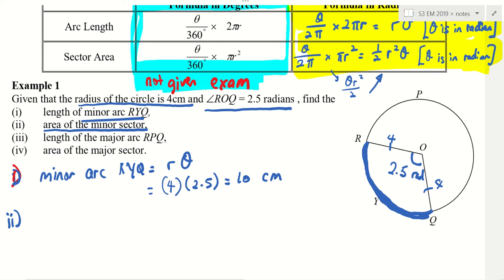Now, area of minor sector. Jiaxuan, area of minor sector.